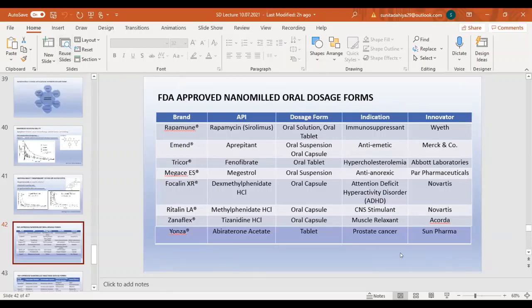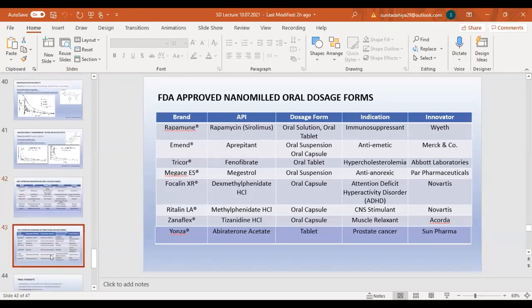These are the FDA-approved nanomilled oral dosage forms. You can see here the table: brand, which API or drug is used, what dosage form, for what disease it is indicated, and the company that owns this technology. So you see here all the oral solutions, tablets, suspensions, etc., all the oral dosage forms.